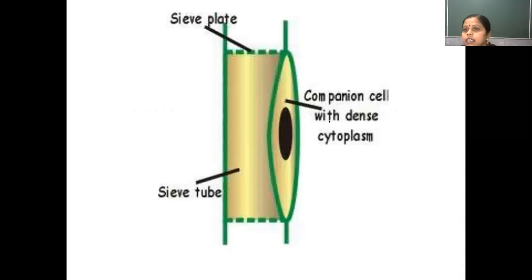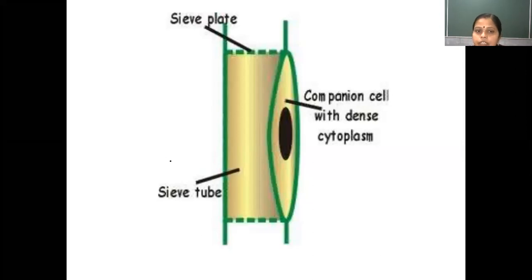Sieve tube cells are arranged in a plate-like structure, forming a structure called the sieve plate. Sieve plates, sieve tube cells, and all this together constitute the sieve elements.